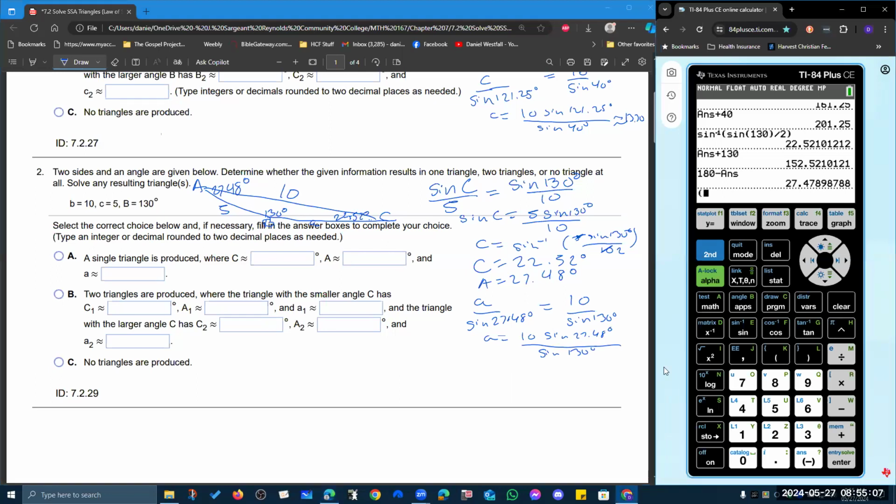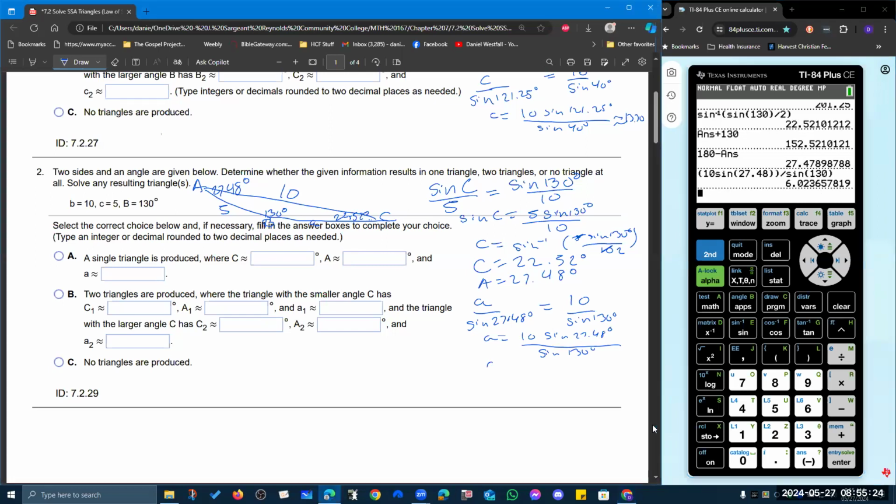So 10 sine of 27.48 degrees divided by sine of 130 degrees. And this is going to be A is about 6.02. So that's my first triangle.